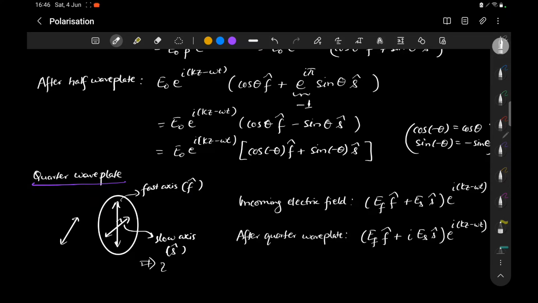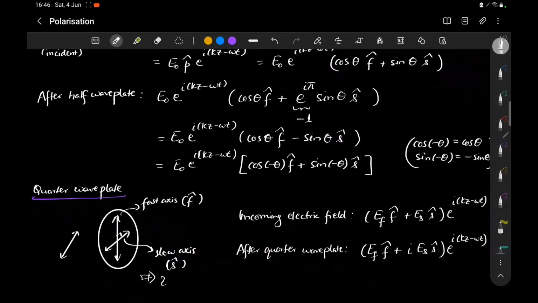So we see that the effect of the quarter wave plate is to introduce a phase shift of pi by 2 between the components along the fast and the slow axes.